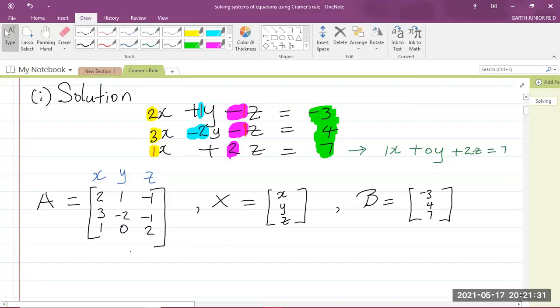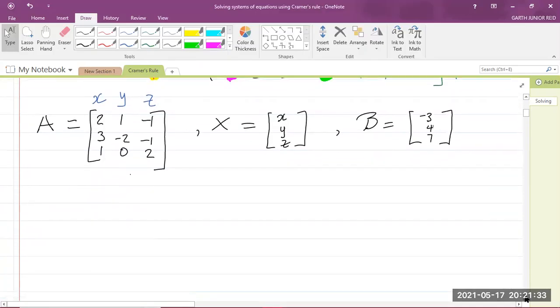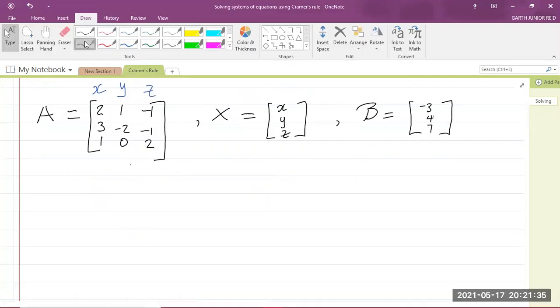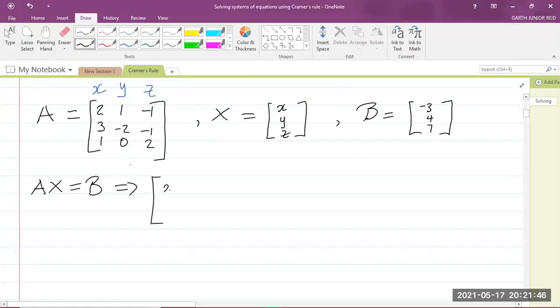Good. So remember that they told us that they want it in the form of AX is equal to B. So I'm going to write it in that form now. I can now say that AX equals B implies the matrix A, which we know is 2, 3, 1, 1, -2, 0, -1, -1, 2.